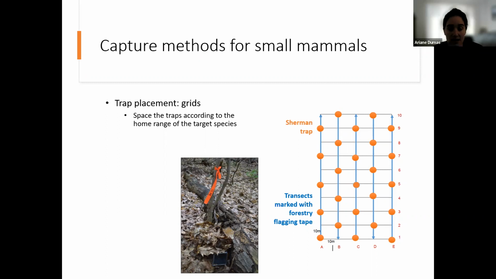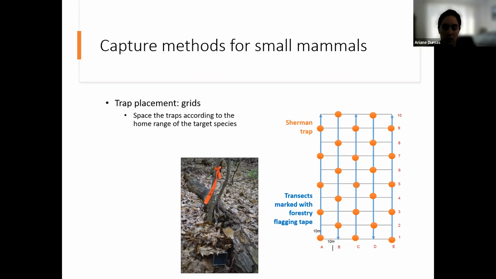In my case, I had several small grids like this one at different locations in the same park, and I wanted to know the density of mice from one side to another. To set up such a grid, it's important to use a compass to orient yourself in the forest and space the traps in a constant way, because the spacing of the traps is important to consider if you have to do a density estimation, which was my case.